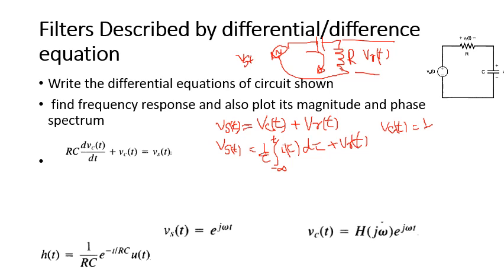If we take the derivative of both sides, then it will result in d upon dt of VCT is equal to ICT by C, plus d upon dt of VRT.